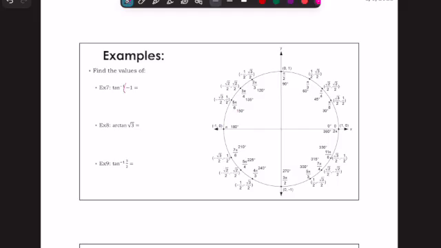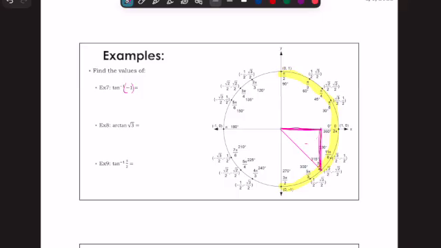So here, let's look. Like I said, we're only looking at these parts right here. And let's do this. So tangent of -1. The thing that I have to remember is tangent is the opposite over the adjacent.